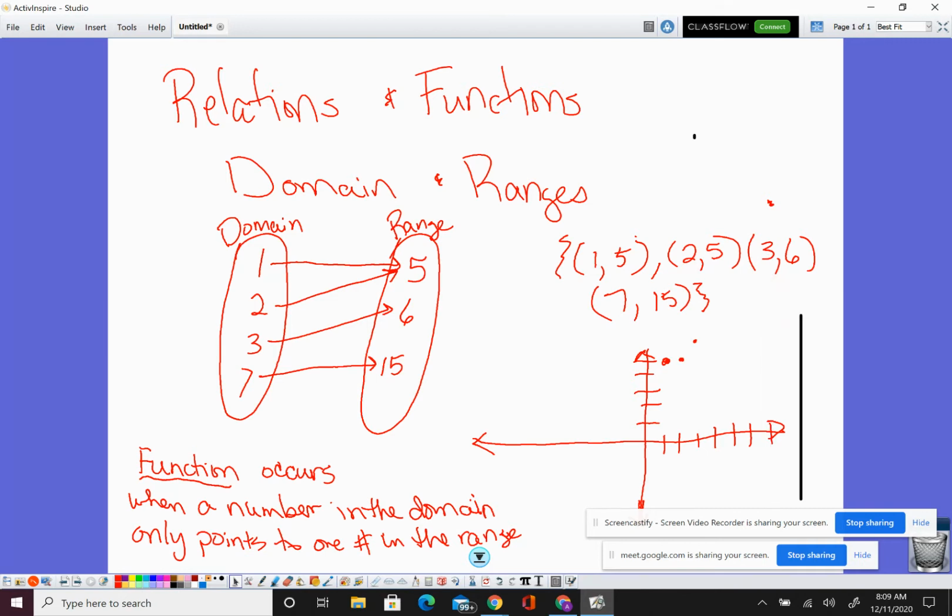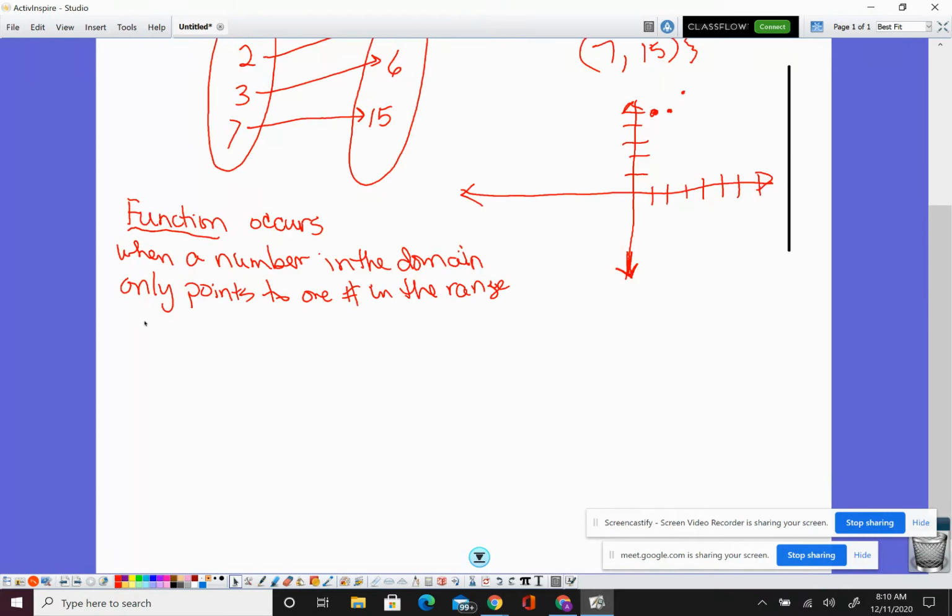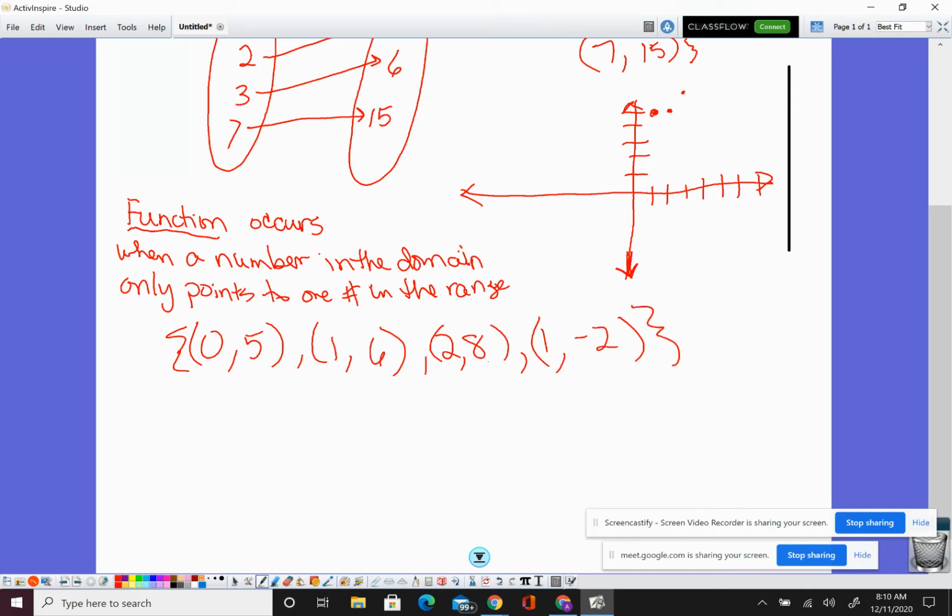Unlike this set of numbers. If I look at this in terms of a mapping arrangement, I have a 0, I have a 1, I have a 2, and I have another 1.